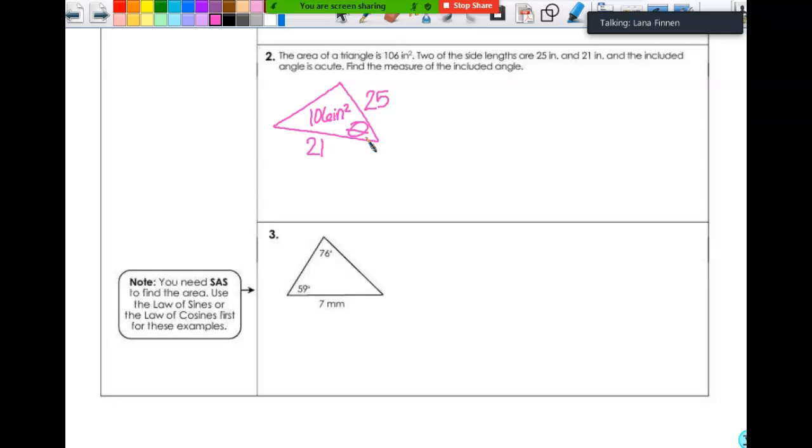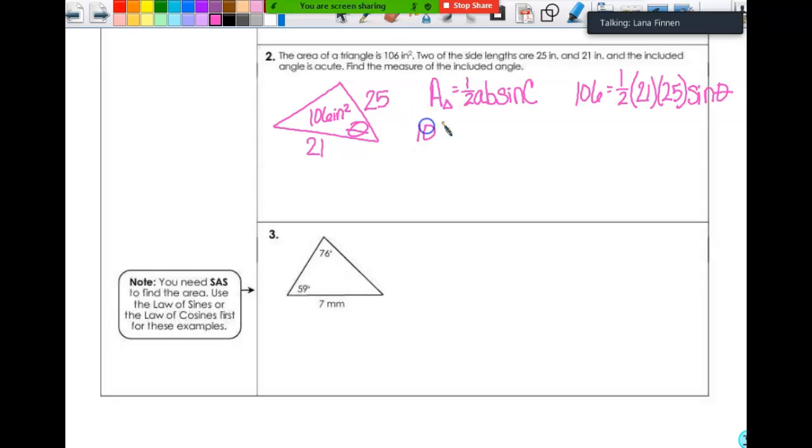So still going to use area, but this time I have a different set of information, right? My area is 1/2 a times b times the sine of c. So I substitute in what I know. I know the area. That's equal to 1/2 times 21 times 25 times the sine of theta. I need to get theta by itself, so I first need to get the sine of theta by itself. Those 3 things are being multiplied by sine, so I'm going to divide by that.